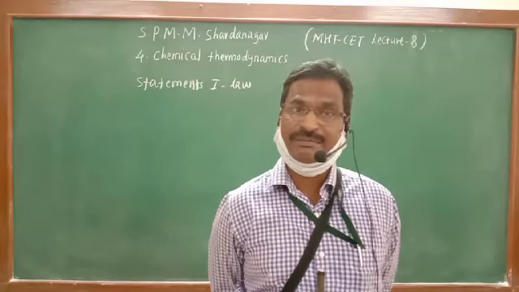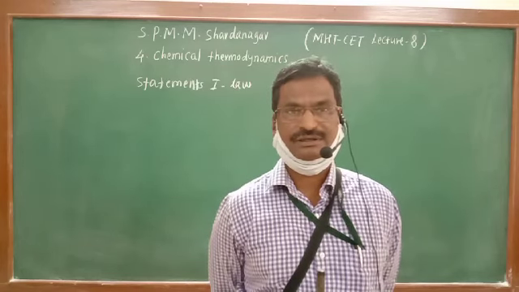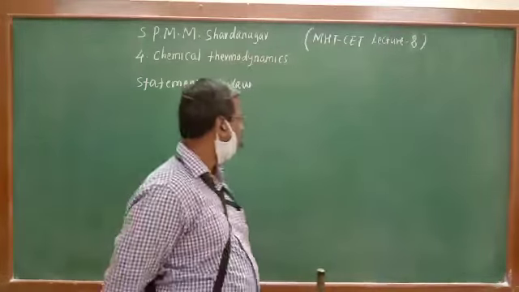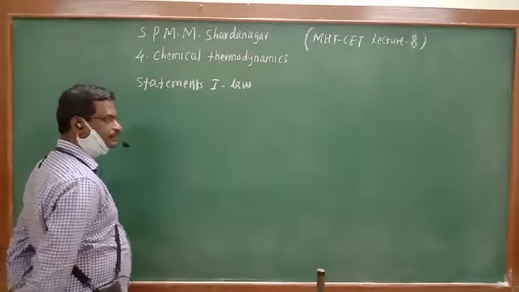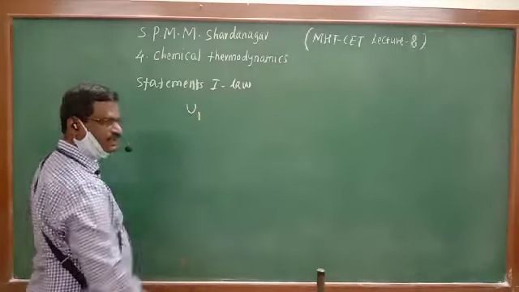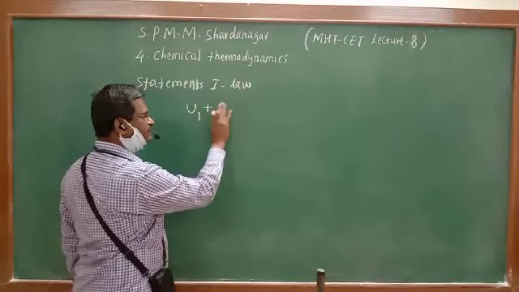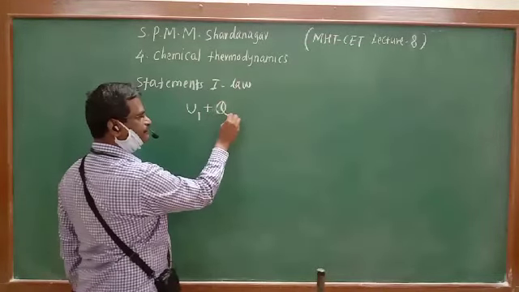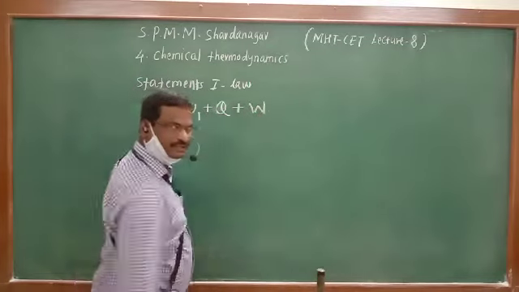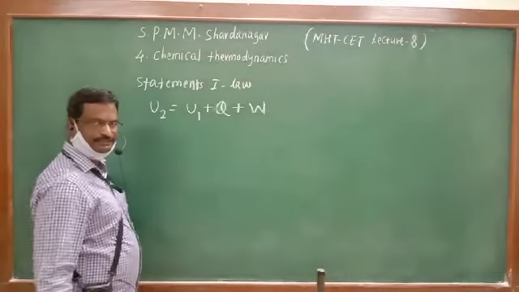The important statement is the mathematical statement, the formula for the first law of thermodynamics. If U1 is the internal energy in the initial state of the system, it gets increased whenever heat is absorbed by the system. It also gets increased whenever work of compression is obtained, and that gives the final internal energy.